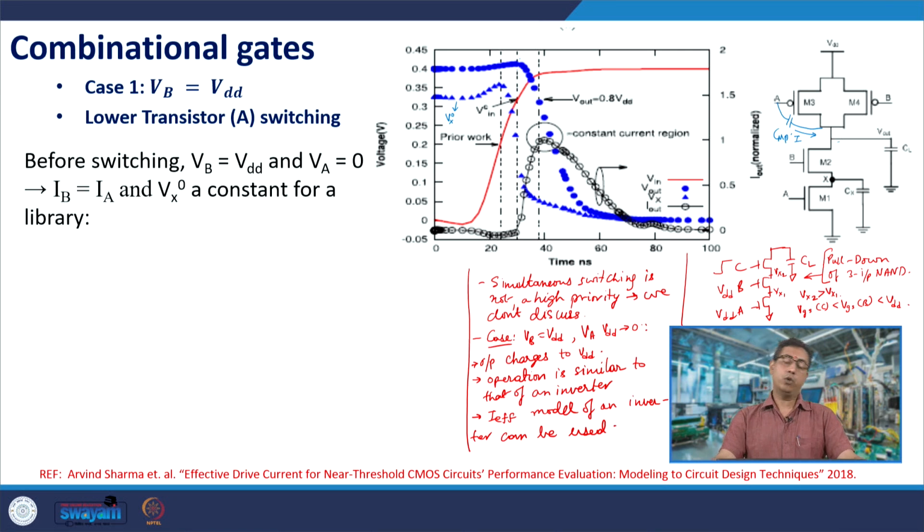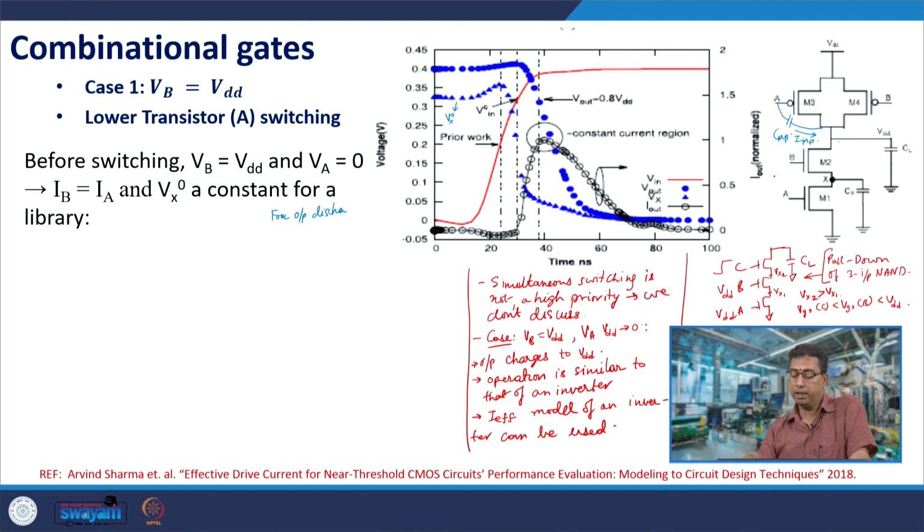So, for the output node to get discharged, the current through M2 must equal this current, let us call this IMP.